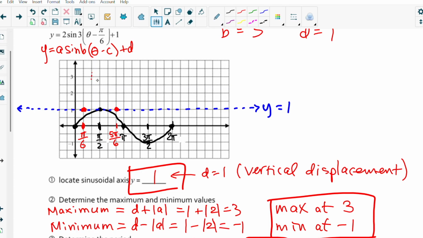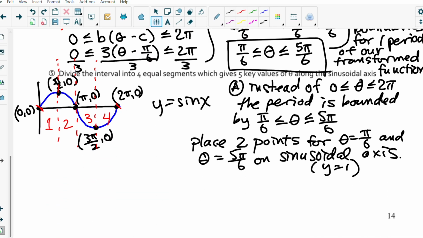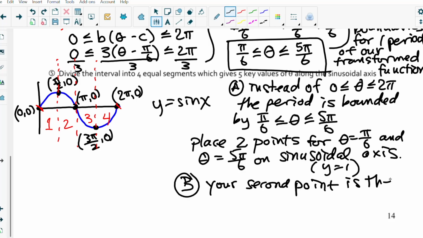So I know I can plot, so part B here, your second point is the maximum value at pi over 3 or 2 pi over 6, and 3.